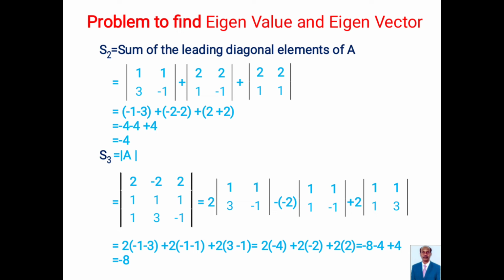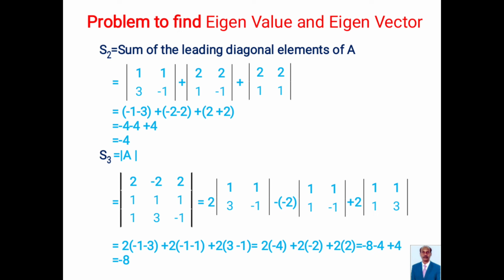Then we want to find out the S3 value by using the determinant of the given matrix. Take the matrix 2 minus 2 2, 1 1 1, 1 3 minus 1. Here first we take the first element in the first row, 2. Then we find the minor values: we cancel the first row and first column, and we get 1 1 3 minus 1. Then we take the second element in the first row, with a minus sign for the second term, into minus 2.